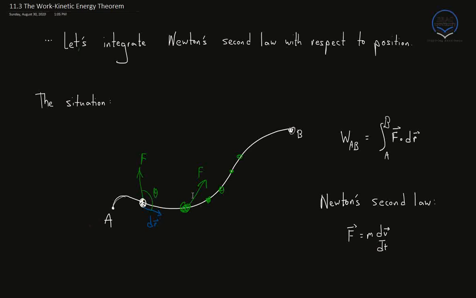So at each point, this force vector that I drew is the net force acting on the particle when it is at that point. And according to Newton's second law, we know that the net force on some particle gives you the mass times the rate of change of velocity. Let's plug that into this integral and carry out this integration in general and see what happens.